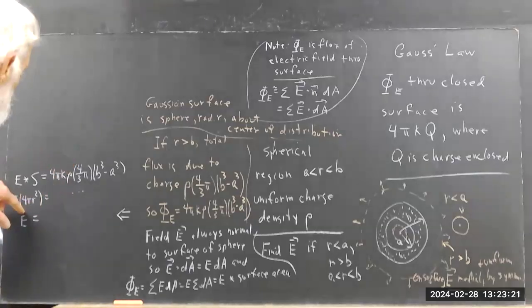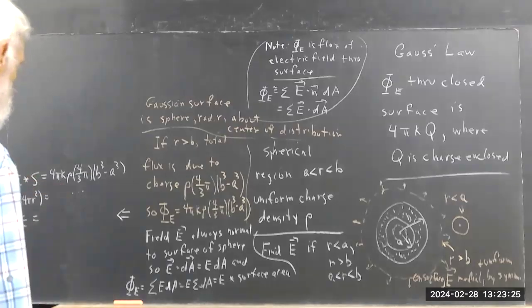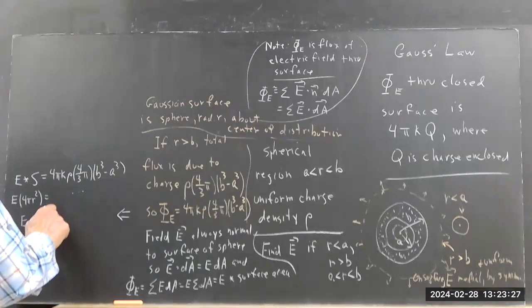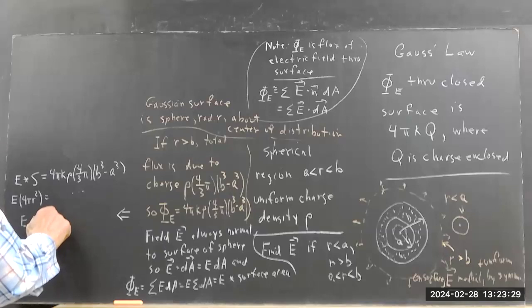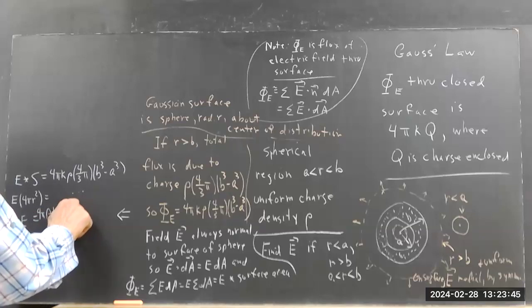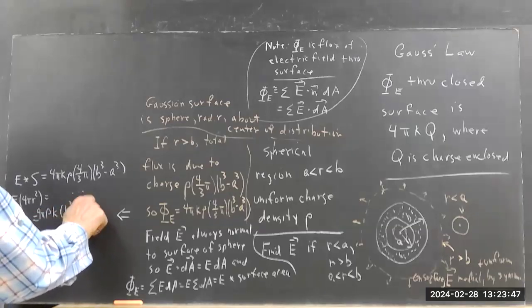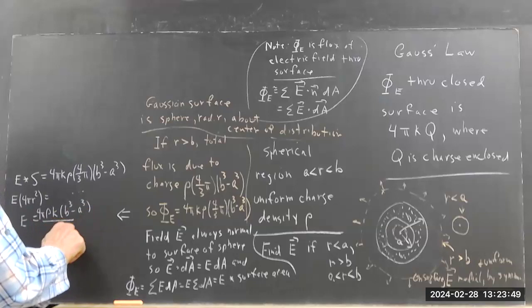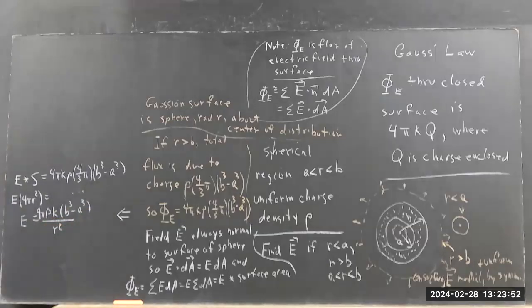We're going to divide this by the surface area, which is 4 pi r squared. Get rid of this 4 pi. You're going to end up with this.